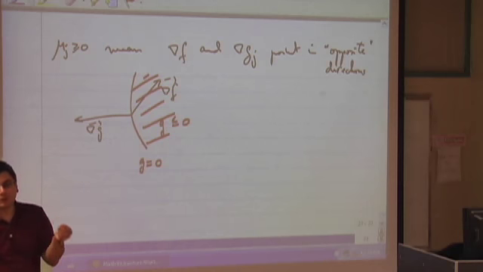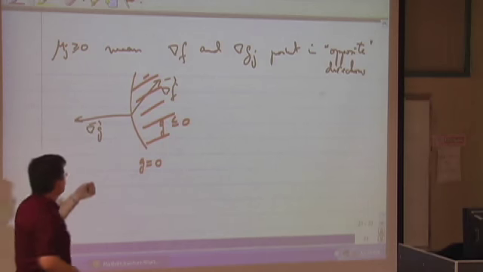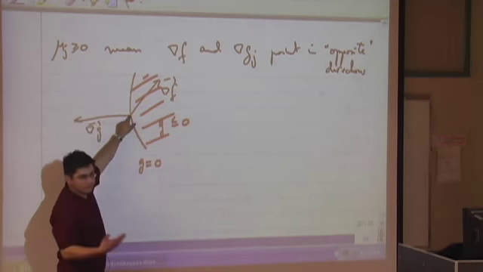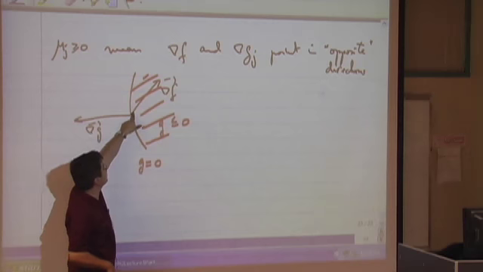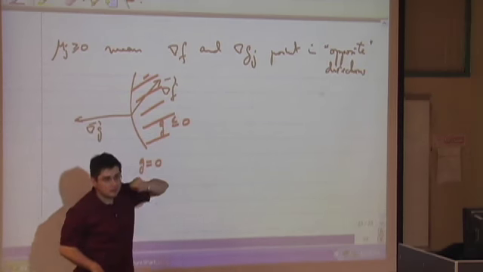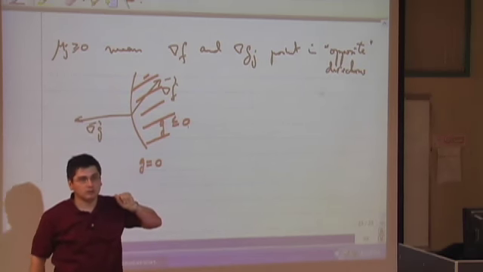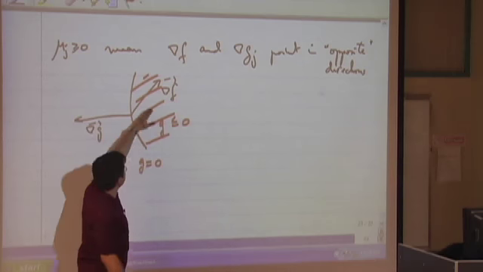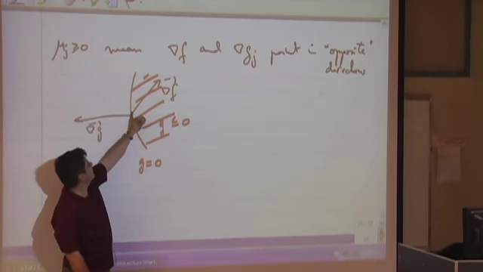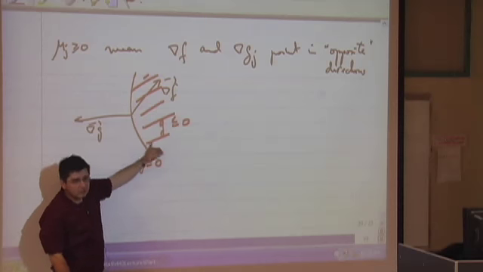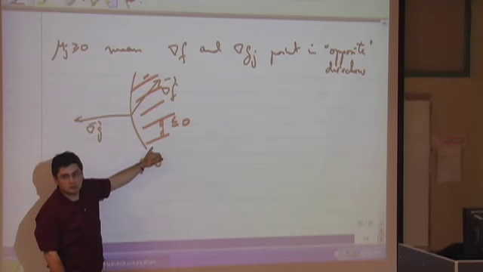Is that reasonable for a minimum point? Well, if this were a minimum for f, it basically says that f is going to increase as you move inwards, right? The gradient of f cannot point outside of this region. Why? Because then you would go opposite to the gradient and you would decrease.